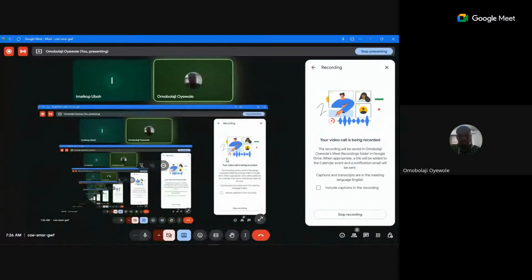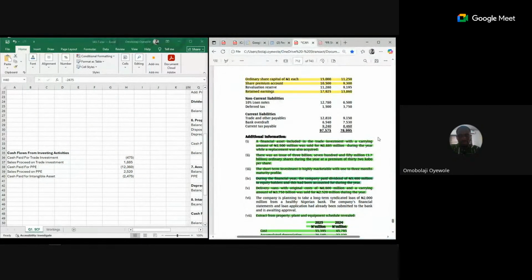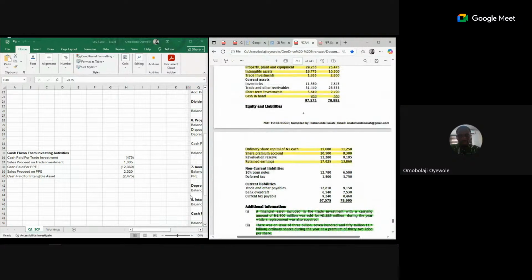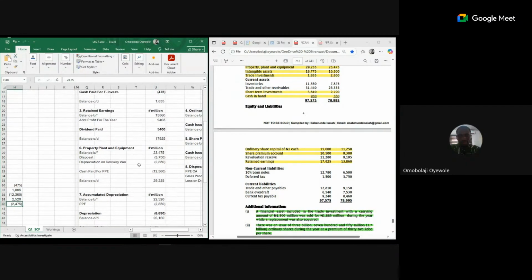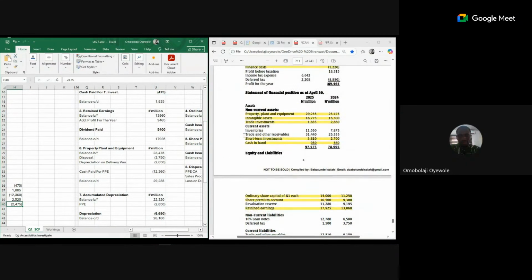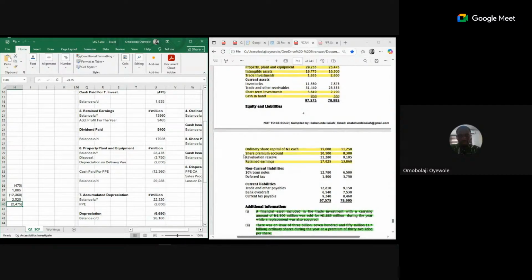Now let's first make adjustments for this. Look, there's a revaluation reserve here.